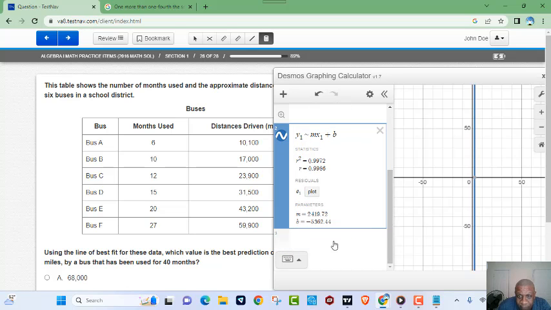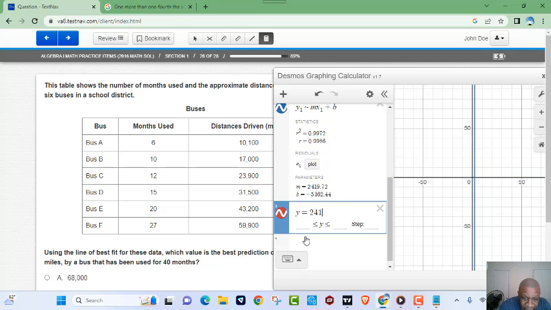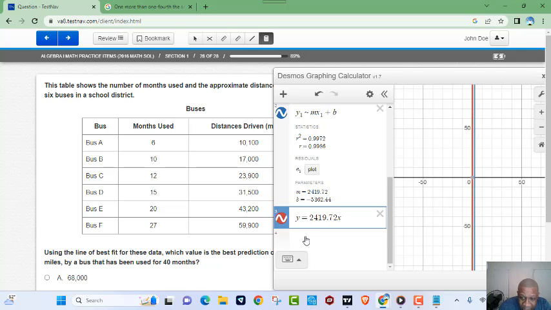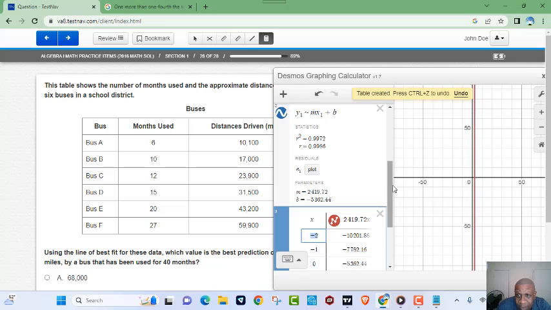So now, if we plug in that line of best fit in our next line, Y equals 2,419.72X minus 5,362.44. And then we hit our gear icon and then our table icon.